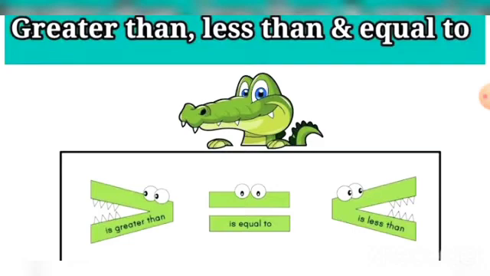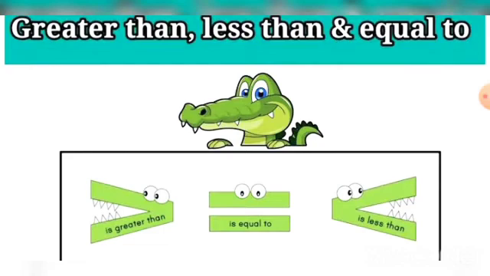When the mouth is open towards the left side, that is called the greater than symbol. And when it opens his mouth towards the right, then it is called the less than symbol. When it is in equal position, that is the equal to symbol.